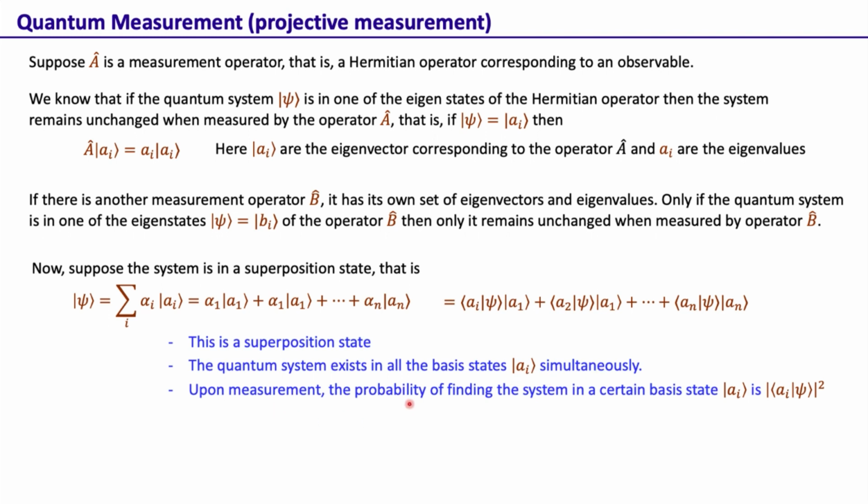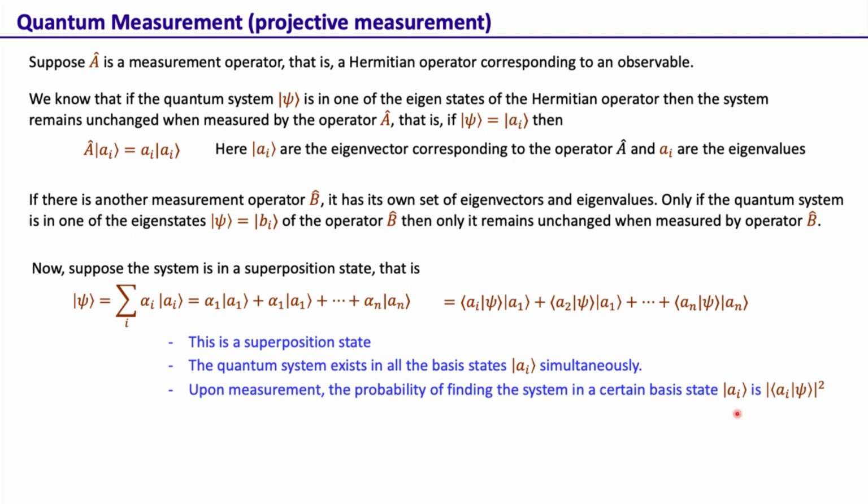When we do the measurement, the system collapses into one of these eigenkets. And the probability of finding the system in a certain basis state is the squared magnitude of the inner product of a_i with psi, and this we get through this state representation.